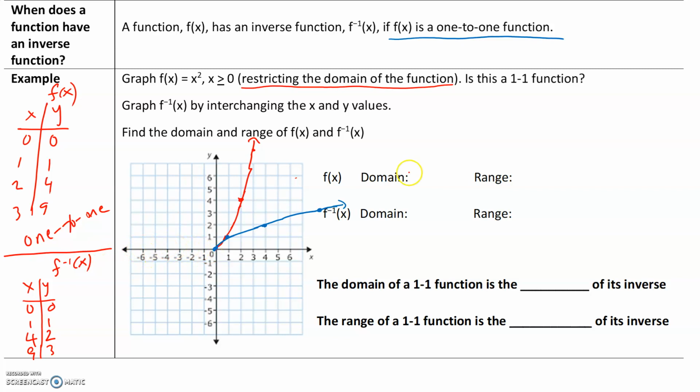The graph only exists when the values of x are 0 or greater. And the arrow indicates that the x's can keep going forever towards infinity. For the range, we are looking for the smallest and largest values of y for which the graph exists. The smallest y value for which the graph exists is 0, and it's going to go to infinity.